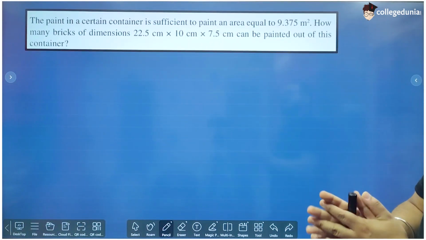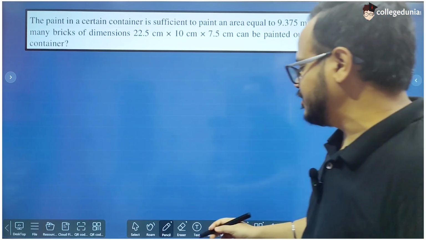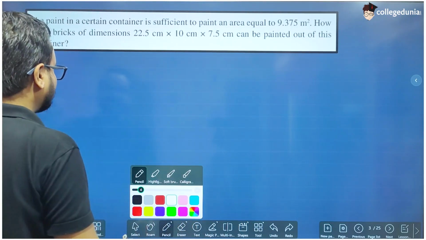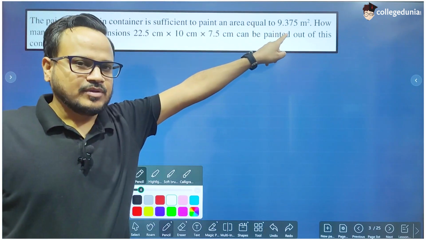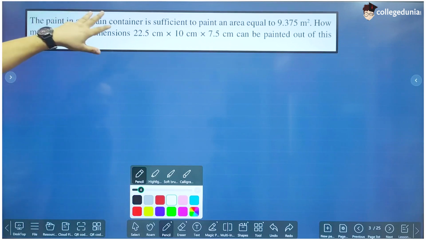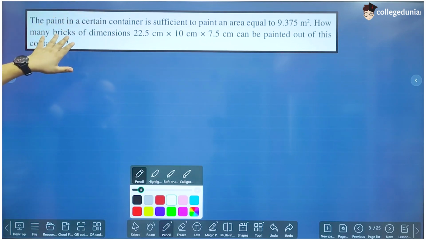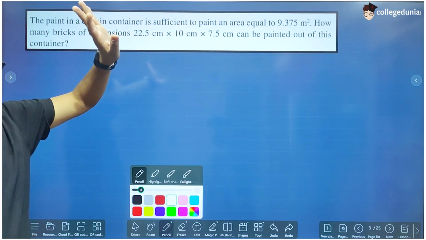The paint in a certain container is sufficient to paint an area of this much. How many bricks of these dimensions can be painted out of this container? So we have a container which can paint a total area of this much, and we have to find the number of bricks that can be painted using this paint. The dimensions of one brick are these.